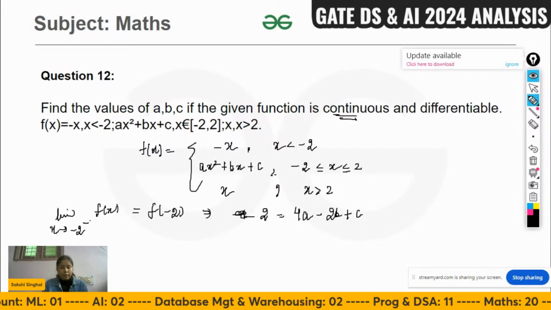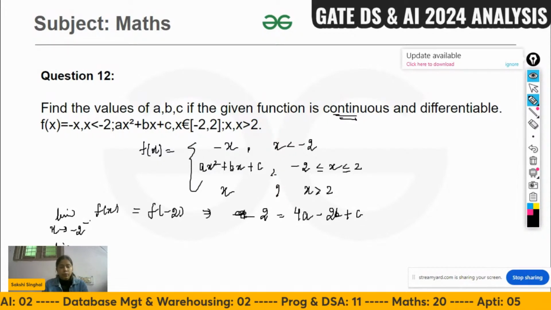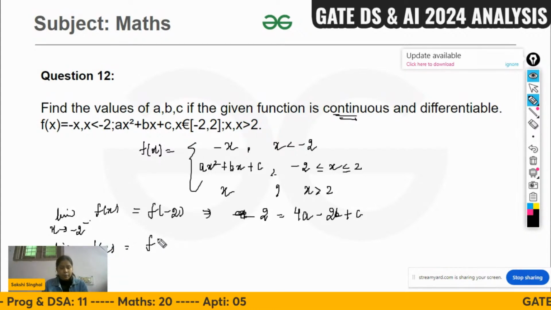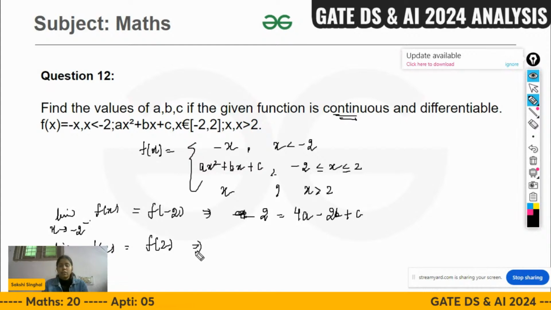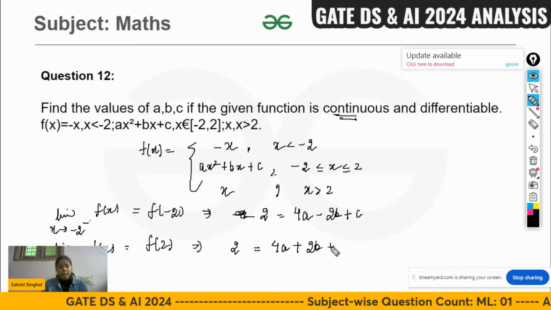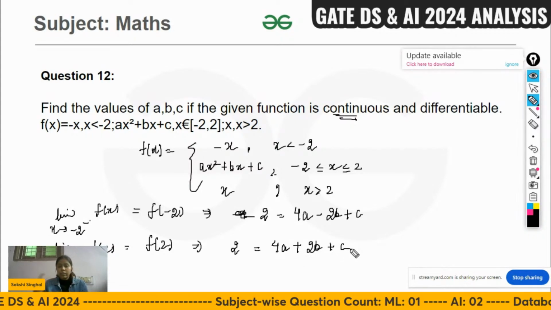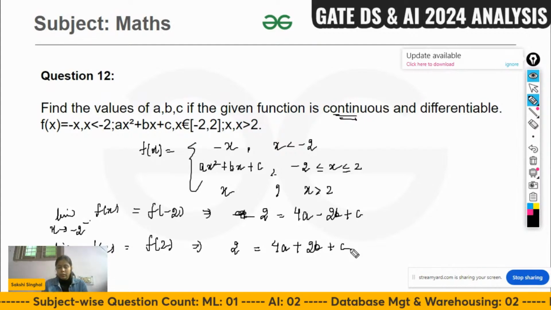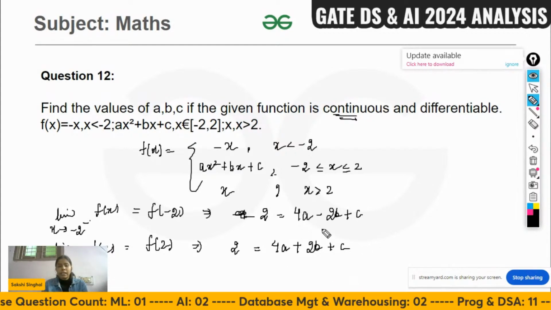This is equation one. And limit x approaches 2 positive f(x) would be equal to f of 2, right? If I solve it, I get the value 2, and the right hand side would be 4a plus 2b plus c. But you can see that we have only two equations and three variables.